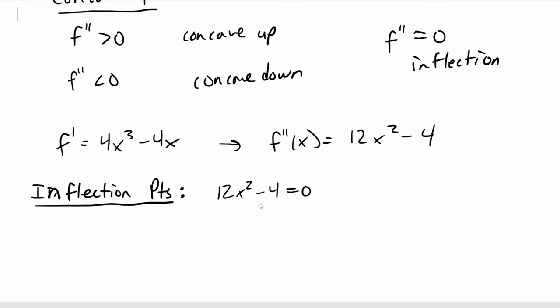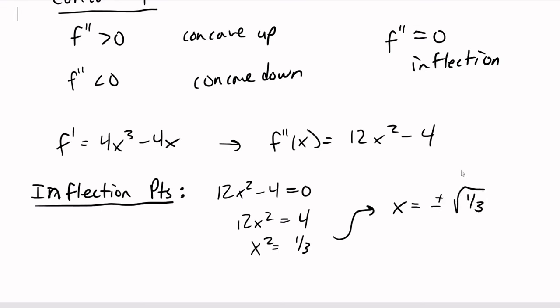Now you can factor this, you can solve just by moving stuff, it doesn't really matter. So we'll just move stuff over. X squared is 1/3. Okay, x is equal to plus minus square root of 1/3. Those are inflection points.